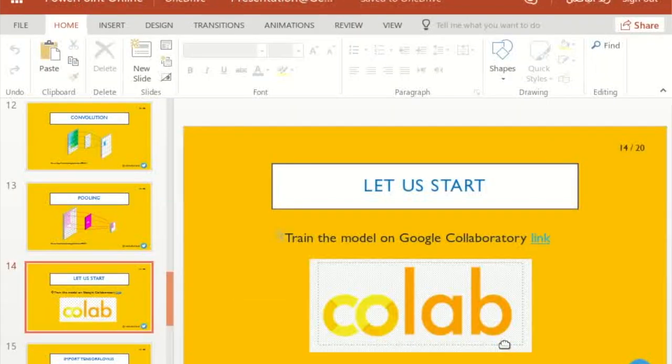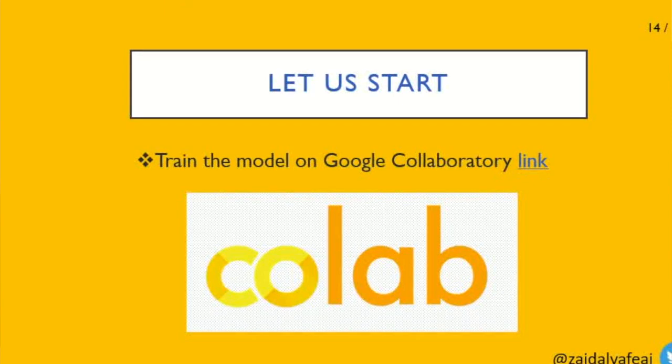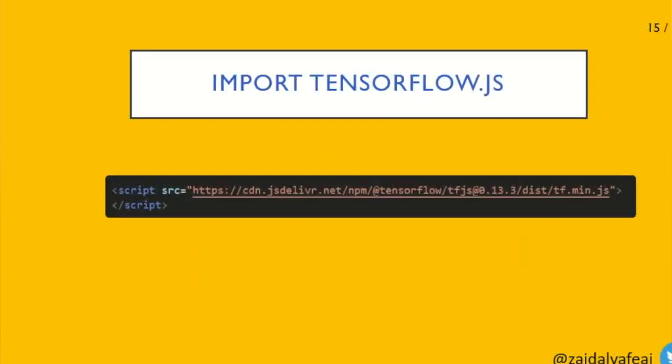Yeah, JSON file, you can load it directly. So we had two files, a JSON file and another weight file. First, you need to have this script in your HTML file.